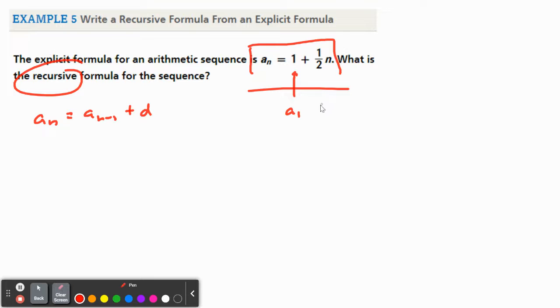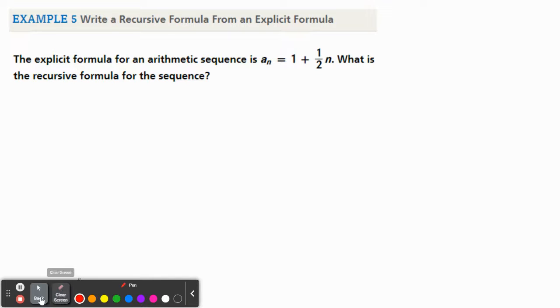Oh, I'm sorry. Hold on. Never mind. I apologize. This is not an explicit formula. So ignore me for a second. So let's go back to the beginning. So recursive formula, right? Same thing. I should not have erased that. a sub n equals a sub n minus 1 plus d.